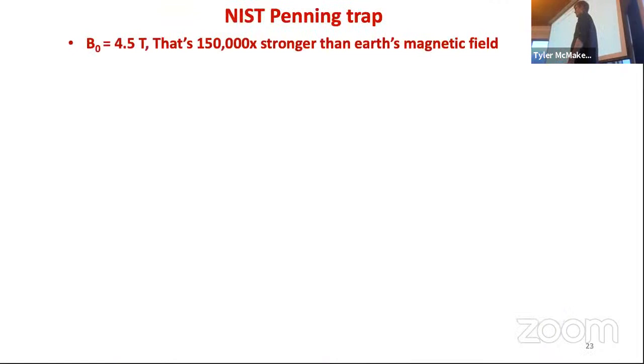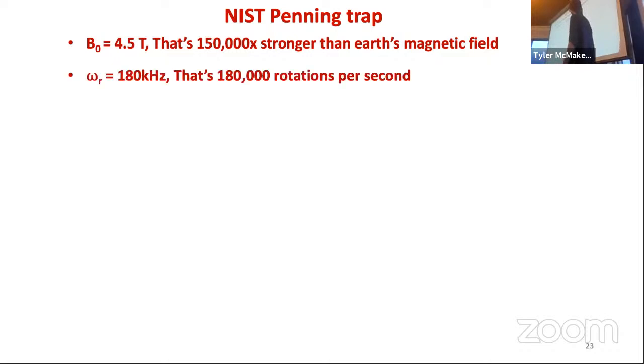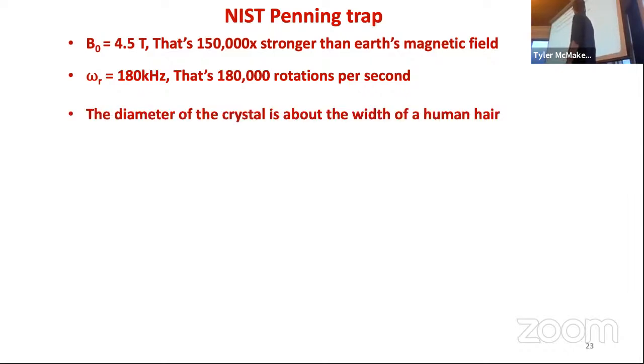I just want to make a few points about the scale of this thing, because I find it really interesting. The magnetic field strength is 150,000 times that of Earth. I guess Earth's isn't that much, but it's enough to get people navigating. The frequency of rotation of this crystal is 180,000 kilohertz.